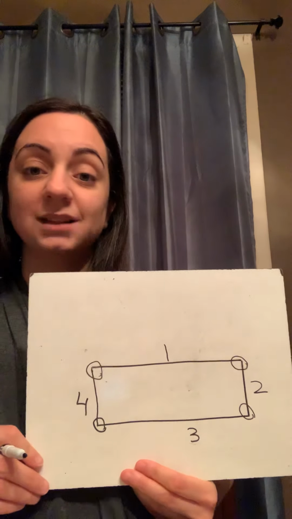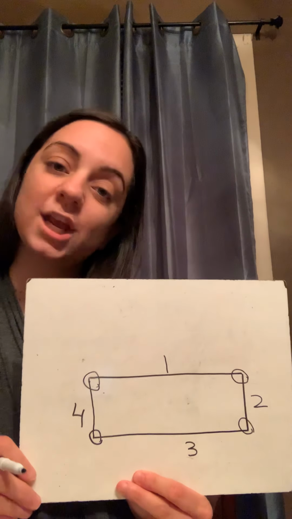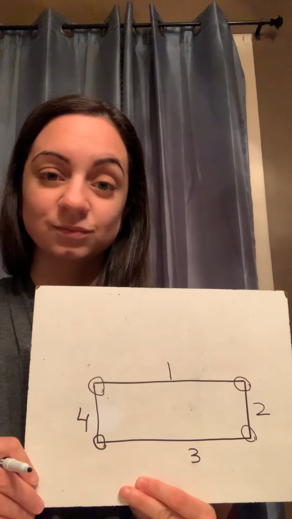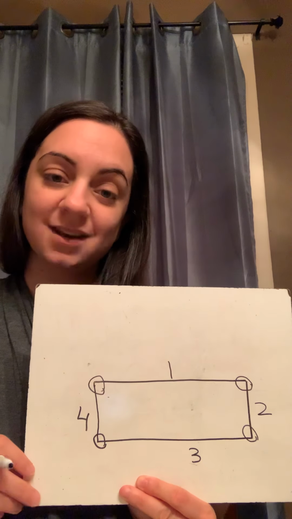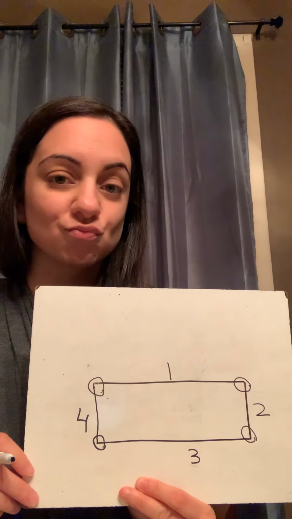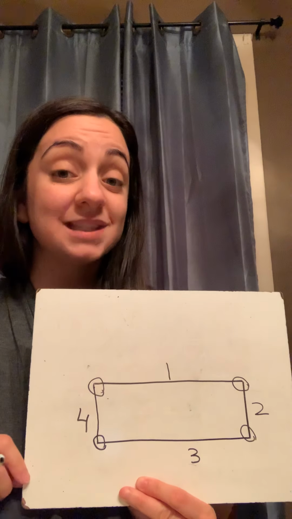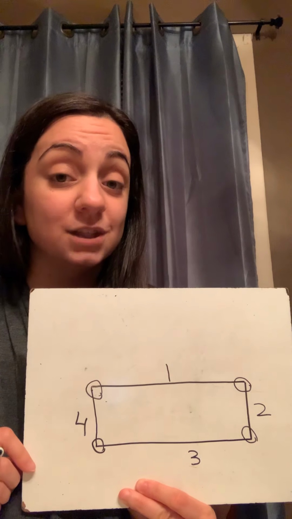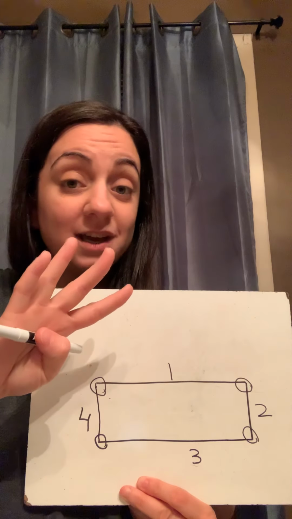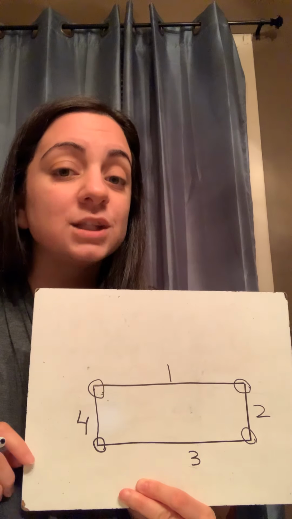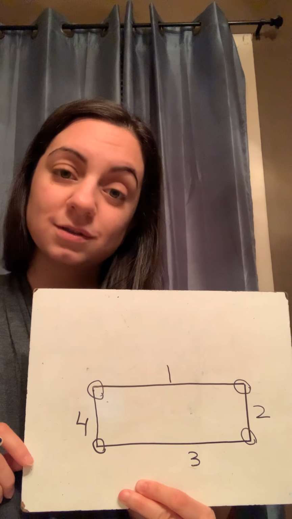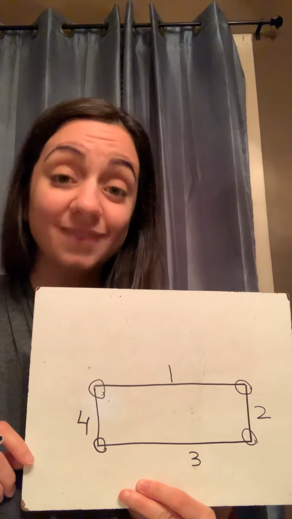Are they straight lines or are they curved lines? That's right. This shape has 4 straight lines. I bet you can tell me something else about the sides of this shape. There are 4 sides. They are straight sides. Are these sides open or closed? That's right.